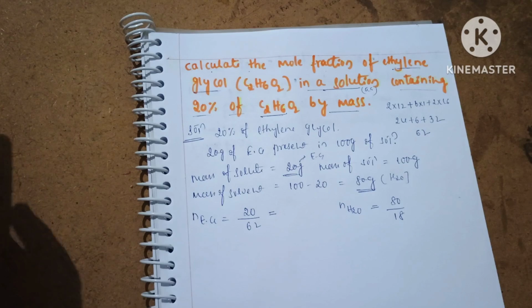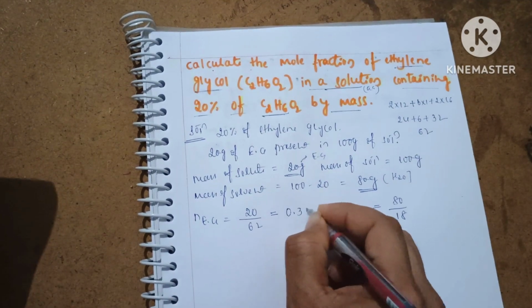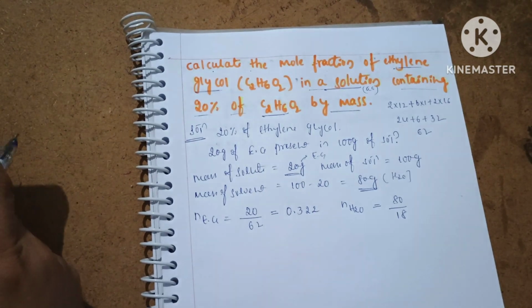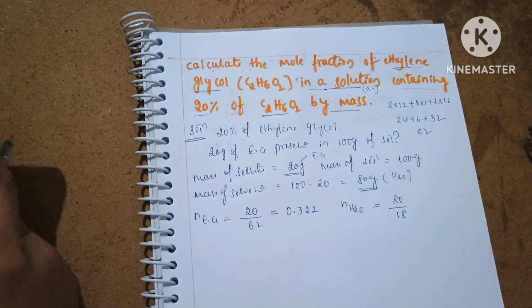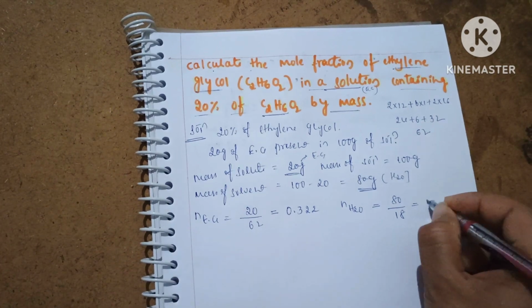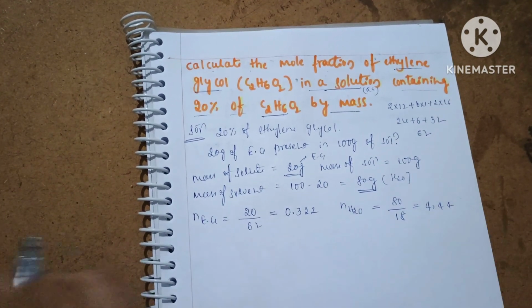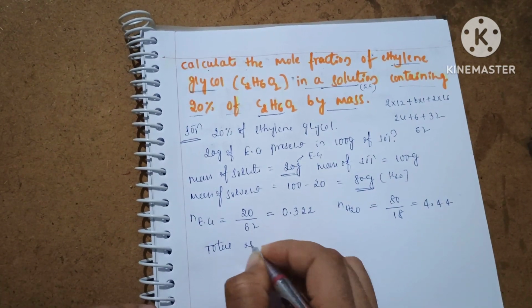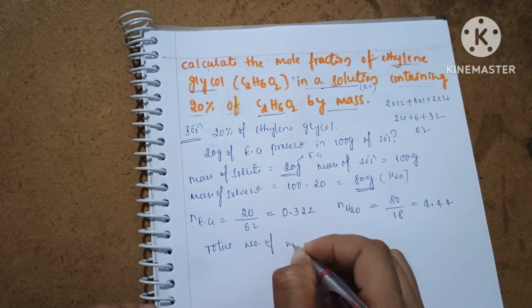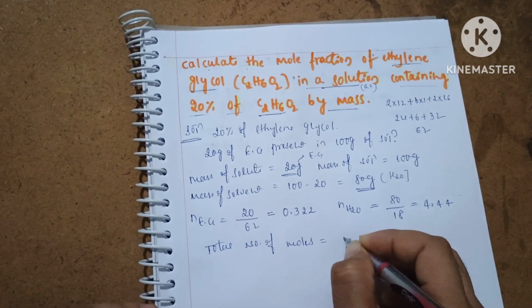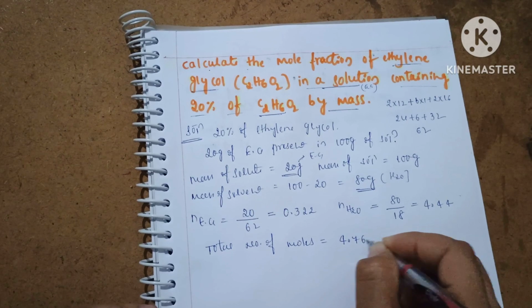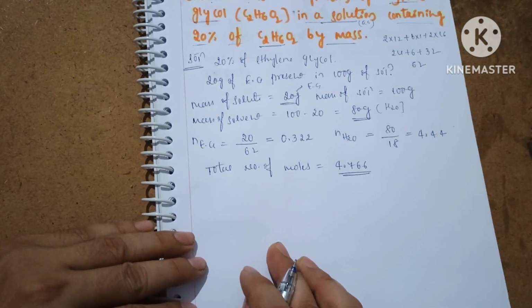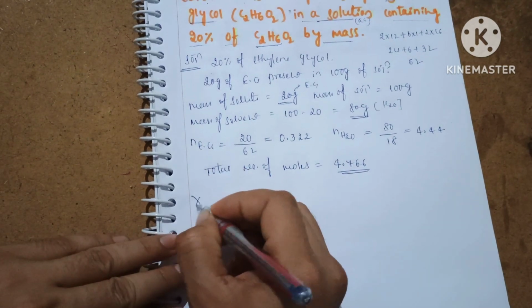The number of moles of ethylene glycol becomes 0.322, and similarly the number of moles of water becomes 80 divided by 18, which is equal to 4.44, and the total number of moles becomes 4.766.